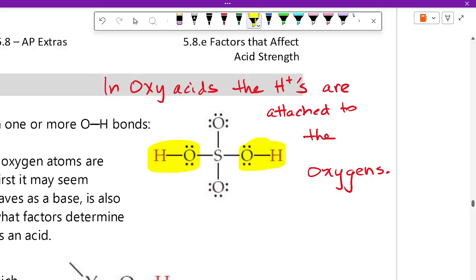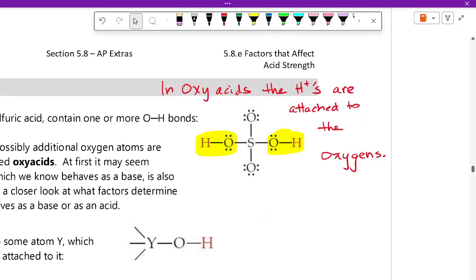So we don't attach it to the sulfur. In this case it would be hard to attach it to the sulfur, but with carbonate, people are sometimes tempted to put a fourth bond on the carbon and have the oxygens there, but no, that's not how it works.